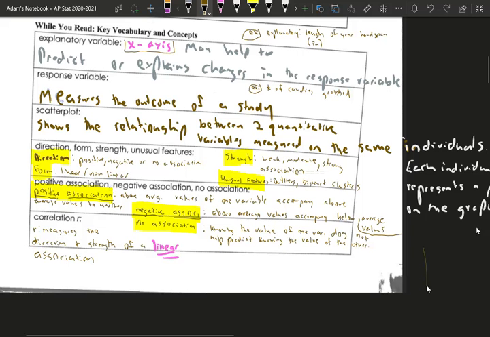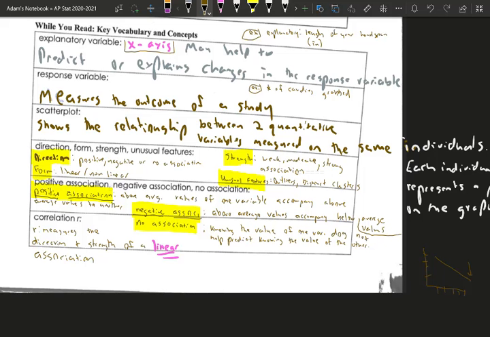Think about that negative association: it's going down. Your x value is above average, your y value is below average. It's going downwards from left to right. No association means knowing the value of one variable does not help predict the value of the other. If you need more help with this, again, this is on your slides. You can check that on Google Classroom.